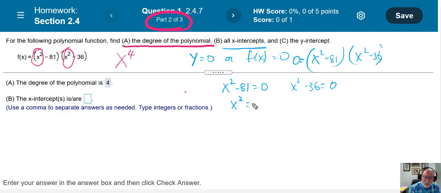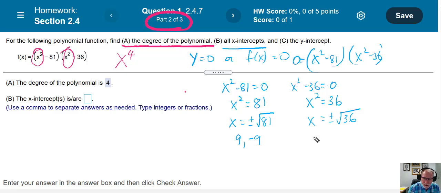If x squared minus 81 is equal to 0, x squared is 81, so x would be plus or minus the square root of 81, which would be 9 or negative 9. x squared minus 36 equals 0 means x squared equals 36, or x would be the square root of 36 plus or minus, which means negative 6 and positive 6. So there are our 4 x-intercepts.